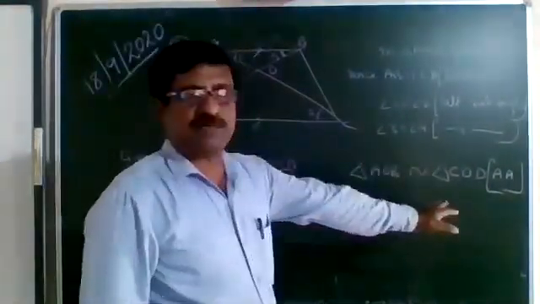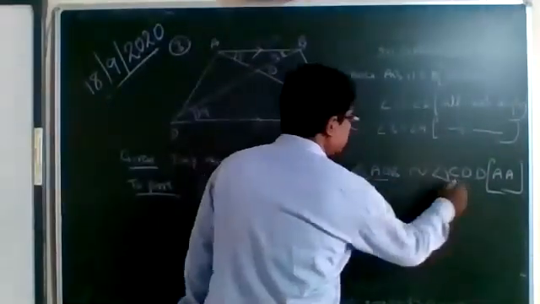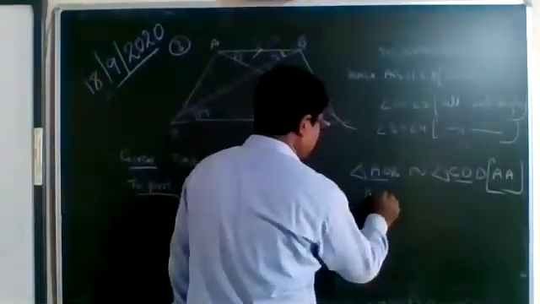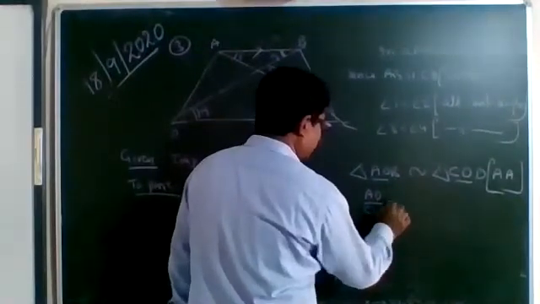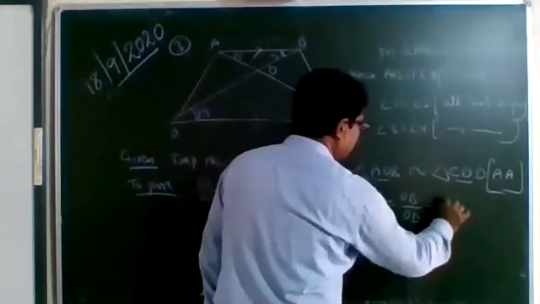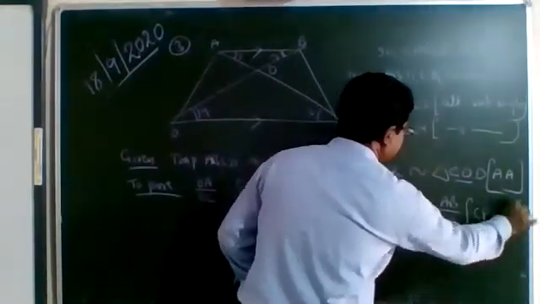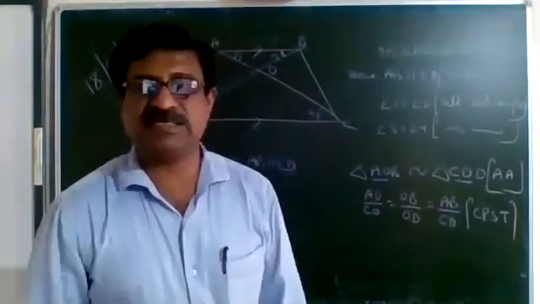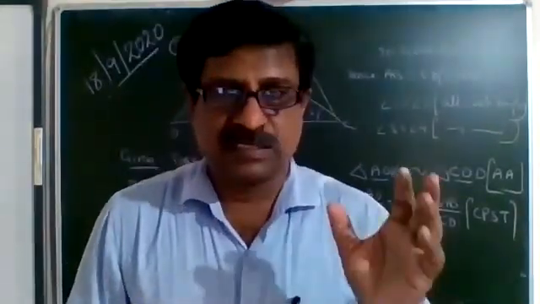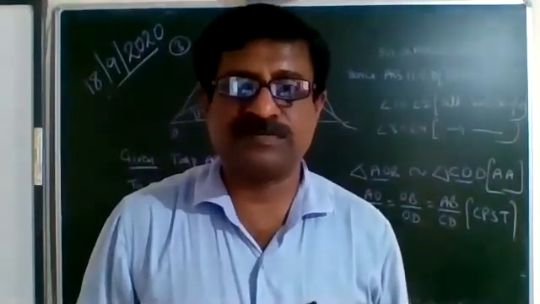The triangles we got are similar. And if they are similar, the ratio of first upon first, that is AO upon CO, will be equal to OB upon OD, equal to AB upon CD, by what is known as CPST. The full form of CPST is corresponding parts of similar triangles.